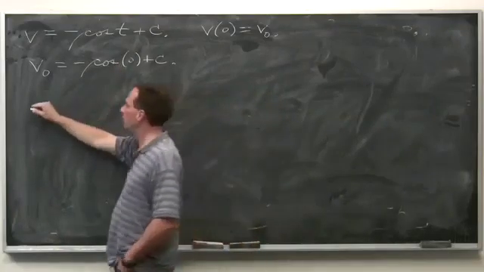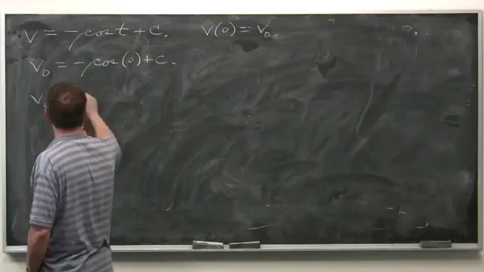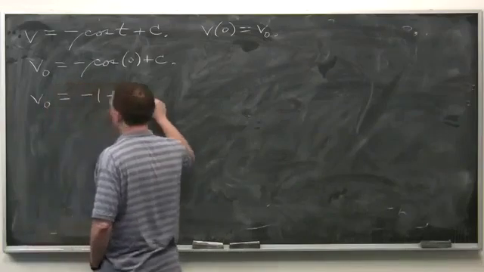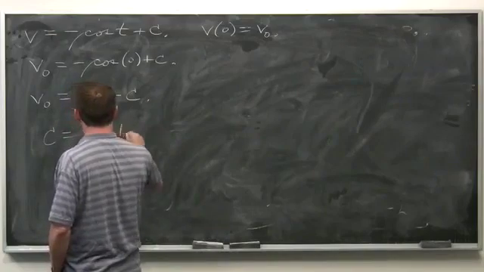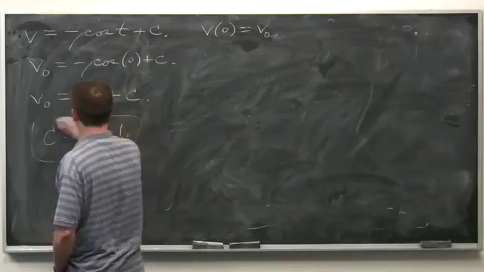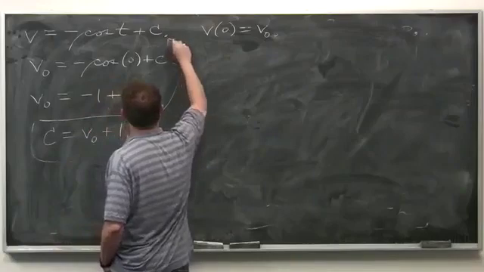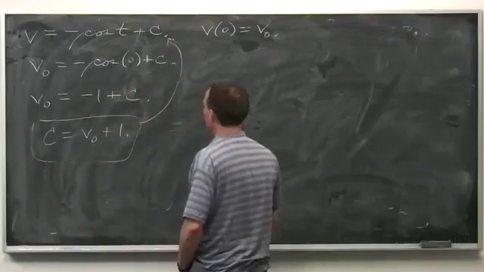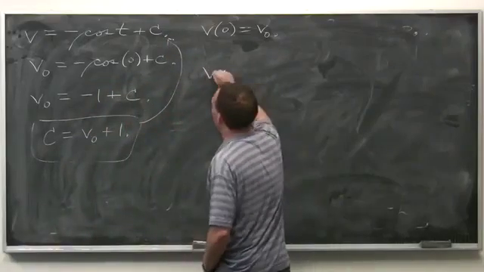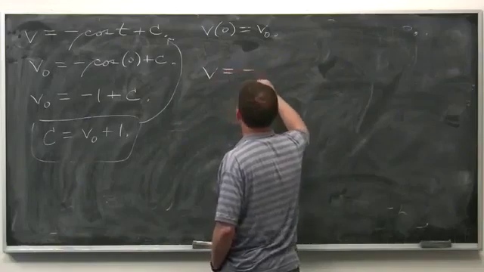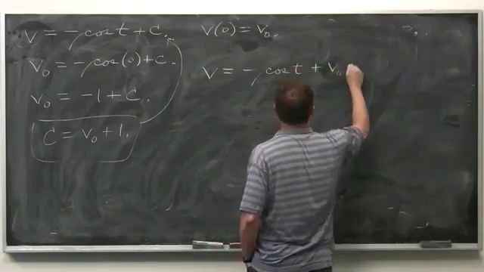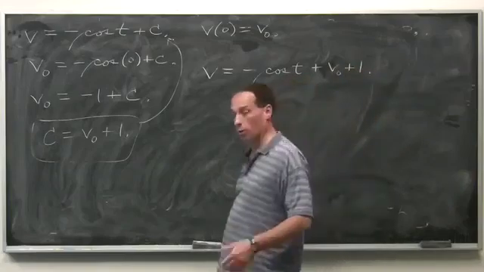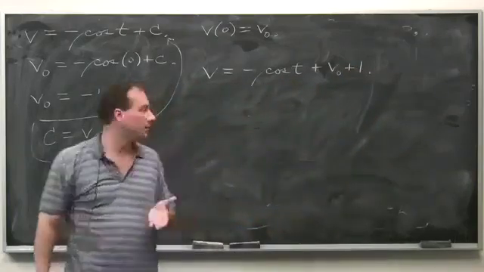So this is v naught equals minus 1 plus c. So this c is actually v naught plus 1. And now you take this and you plug it in up there, and we find that the velocity is minus the cosine of t plus v naught plus 1. Okay? So that's the velocity.